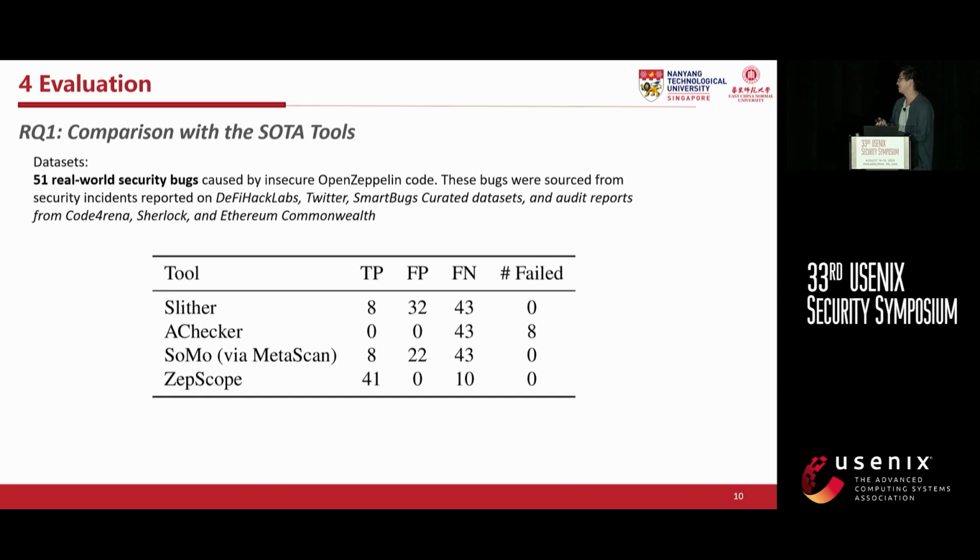They were proposed in the recent maybe 3 years. And the last one is our tool. We evaluate these tools on a data set of 51 real-world security bugs caused by the insecure use of OpenZeppelin libraries. Our tool has found 41, which significantly outperforms the other baselines.